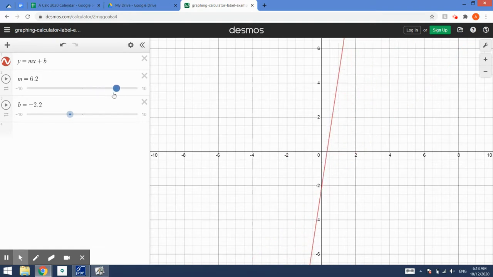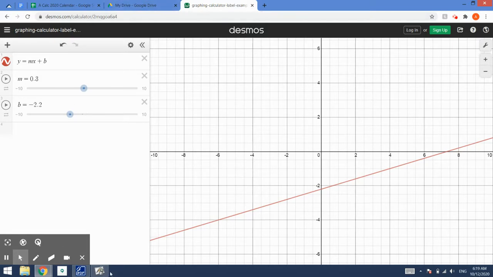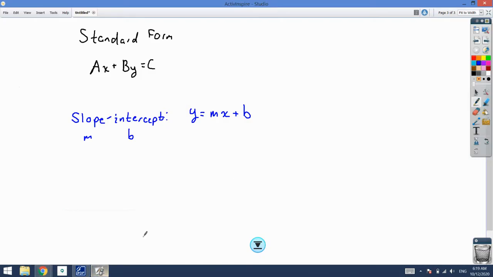So higher slope is really steep, and a slope close to 0 is no change, whereas a negative slope goes from up left to down right, positive down left to up right. Y equals mx plus b. So as you can see, you have slope intercept being y equals mx plus b.